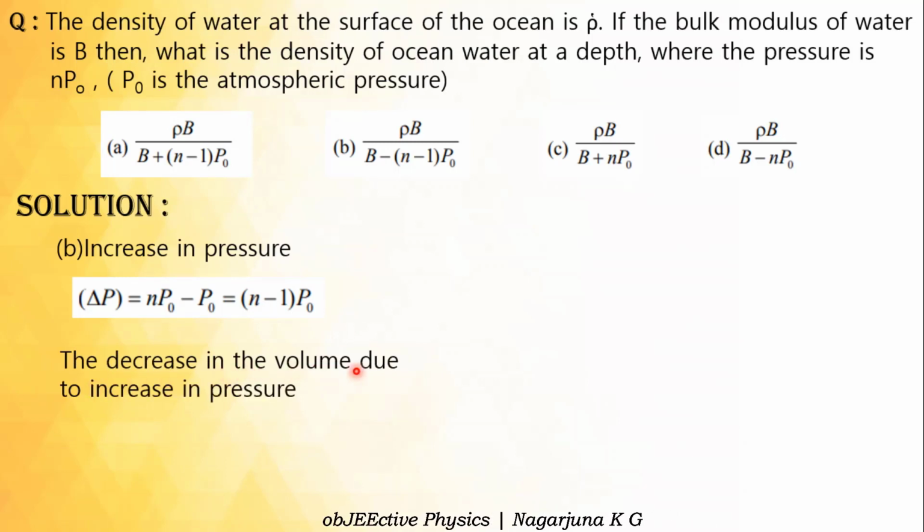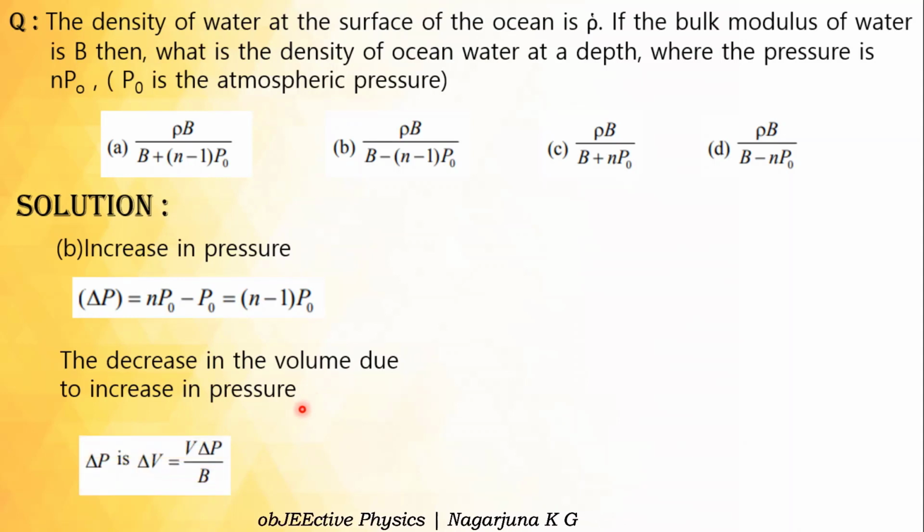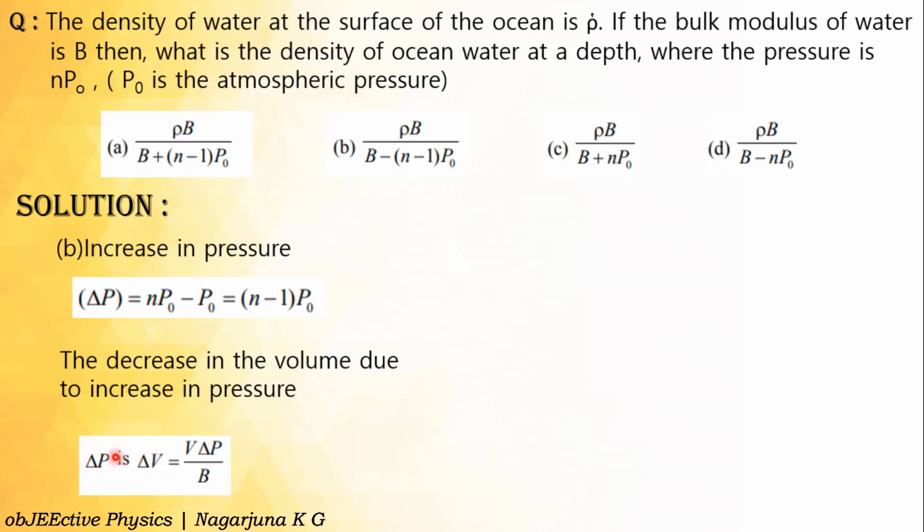A decrease in the volume due to increase in pressure. This increase in pressure is delta P. When pressure increases by delta P, what amount of volume is decreased? So delta V is the change in volume due to the increase of pressure delta P, that is equal to V into delta P by B. This is also according to the definition of bulk modulus.